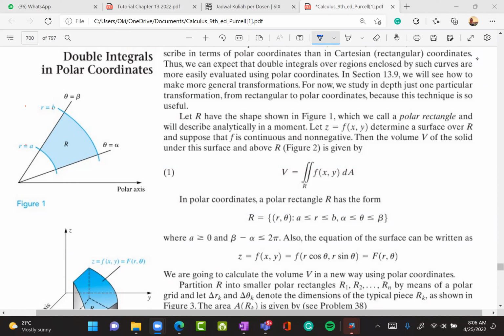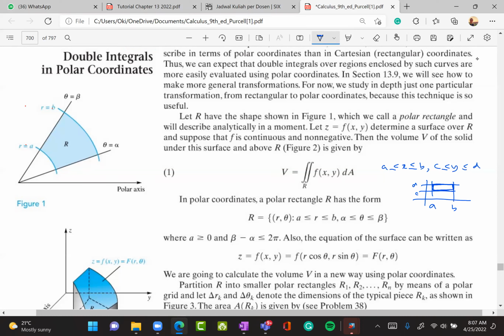This means x is bounded by two constants, and y is bounded by two constants also. So you have A, B, C, and D. This is what we call the rectangular in Cartesian.